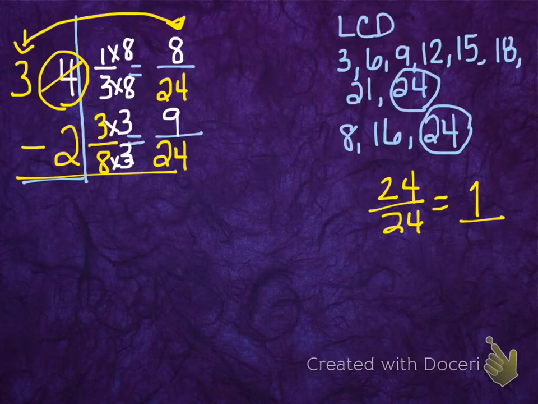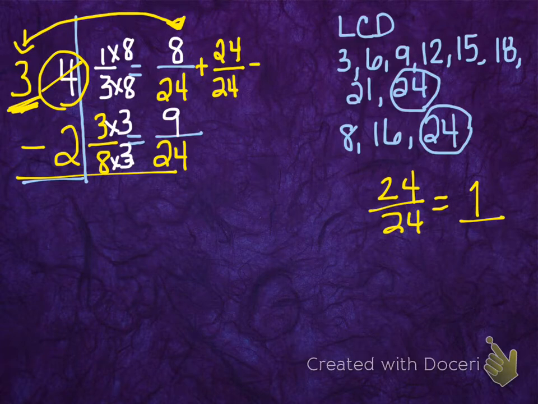So I'm going to add 24 over 24, which is equivalent to the 1 that I just took away from this 3. So 24 plus 8, count up, 24, 25, 26, 27, 28, 29, 30, 31, 32. 32 24ths.